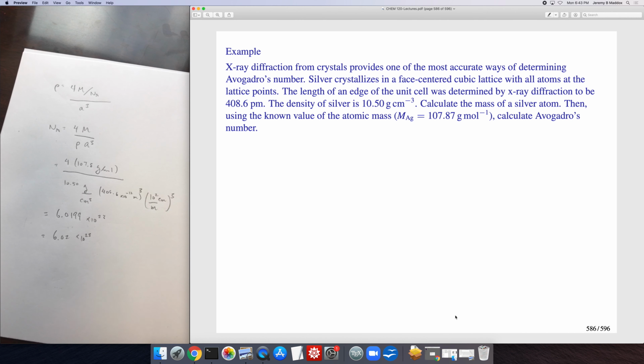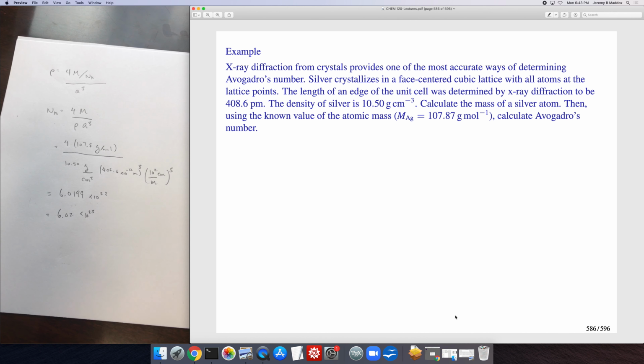So indeed, we've done the calculation right. We got the number. We're in the right ballpark, that's for sure.